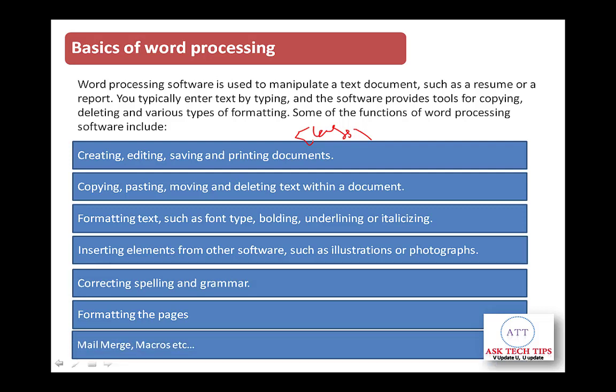Mail merge and macros are outstanding features also present in the Word document. What does mail merge mean? For example, when you are writing a letter and want to send it to multiple recipients, or print it a number of times with different contact addresses, we use mail merge.